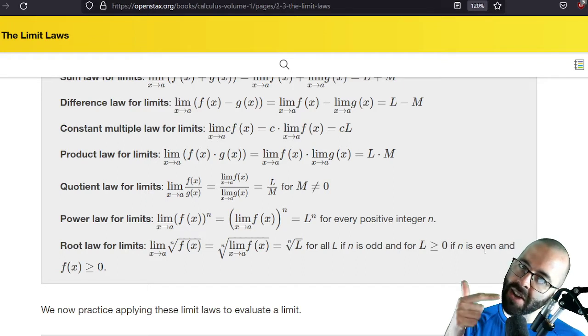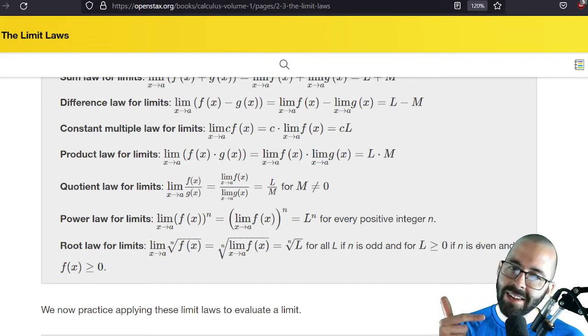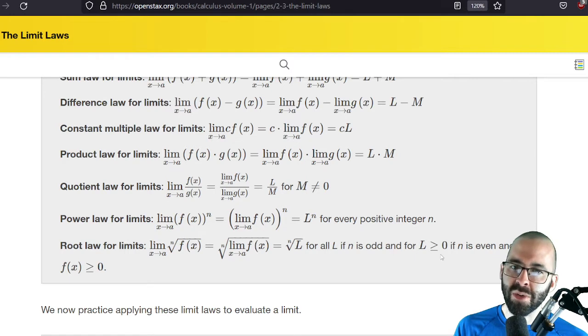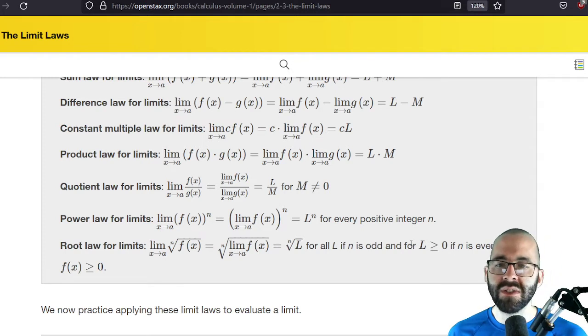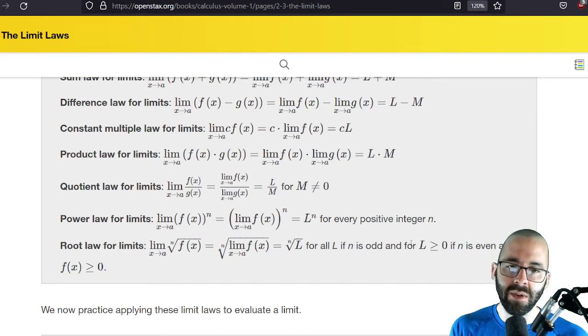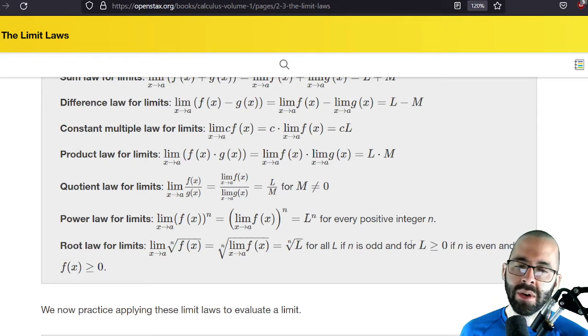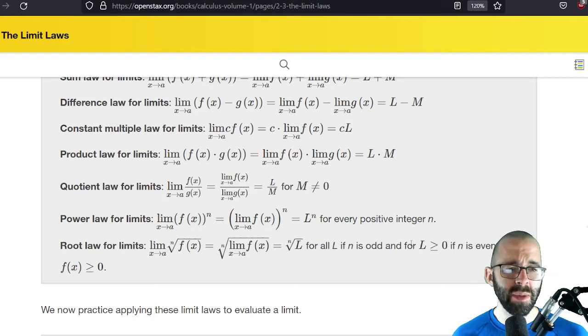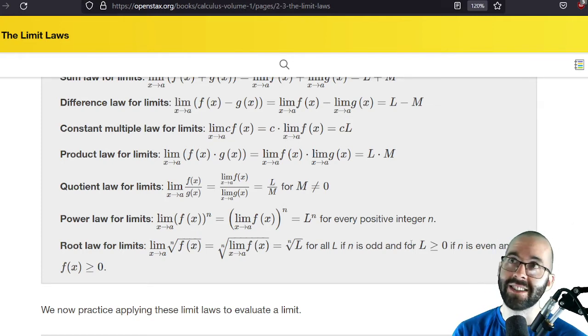But remember that if n is even, like a square root or a fourth root, then it's only going to be real if it's the square root of a non-negative number, if it's the square root of something that's at least 0. If we're taking the square root of something that's negative, we're not going to be dealing with real numbers anymore. Most of this class is going to be dealing with real numbers.